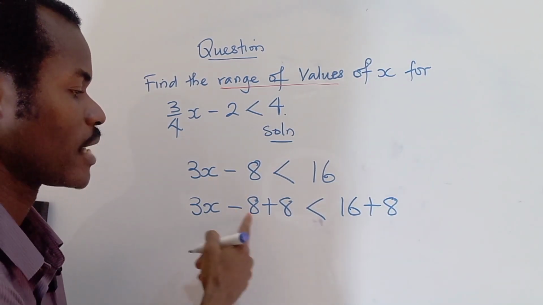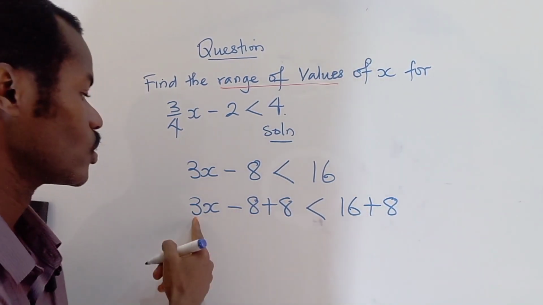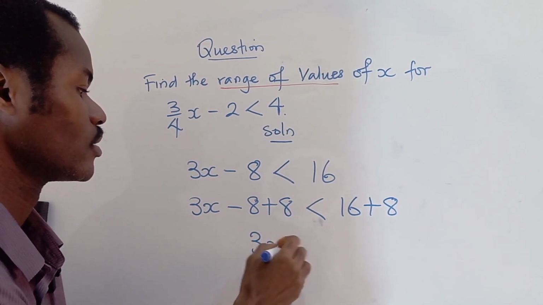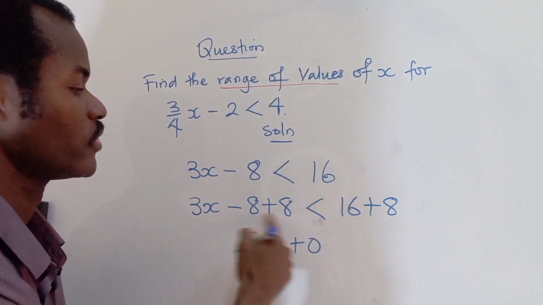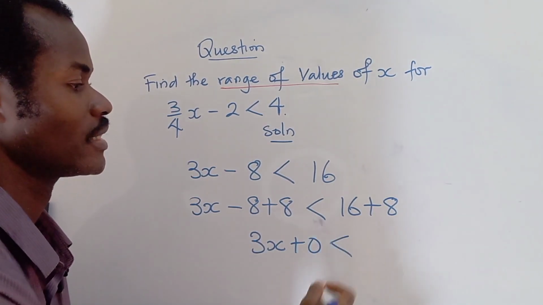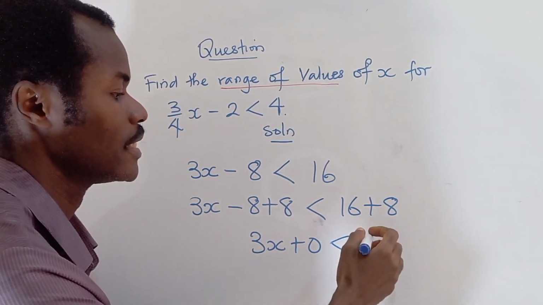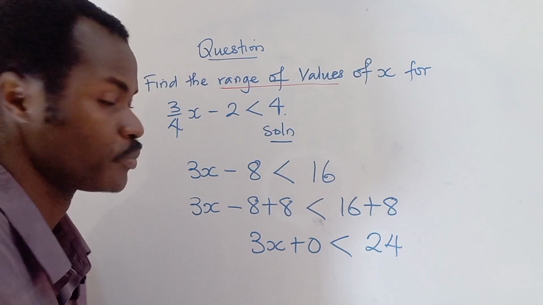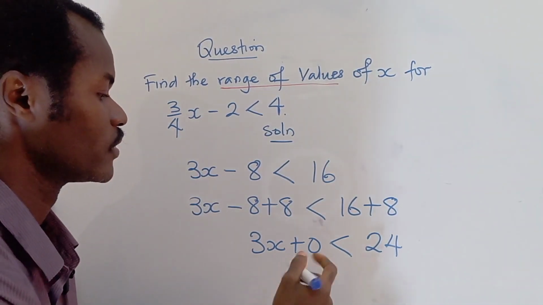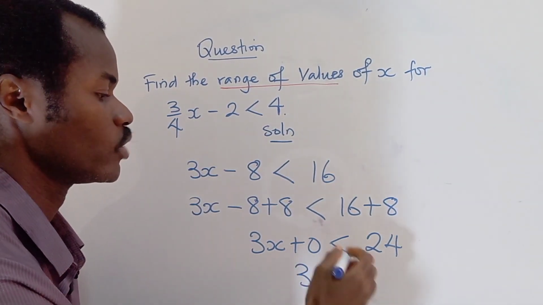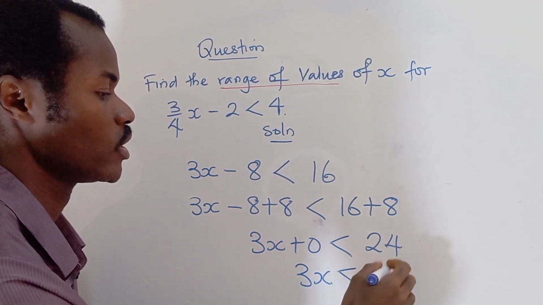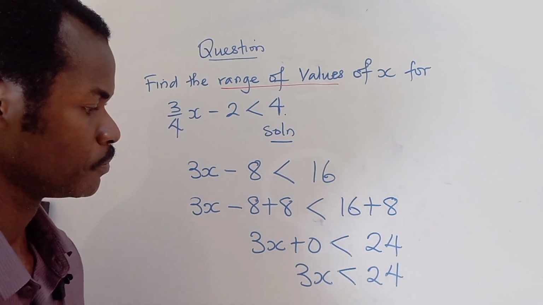So minus 8 plus 8 is 0, and we are left with just 3x, is less than 16 plus 8, which gives us 24. So 3x is less than 24.